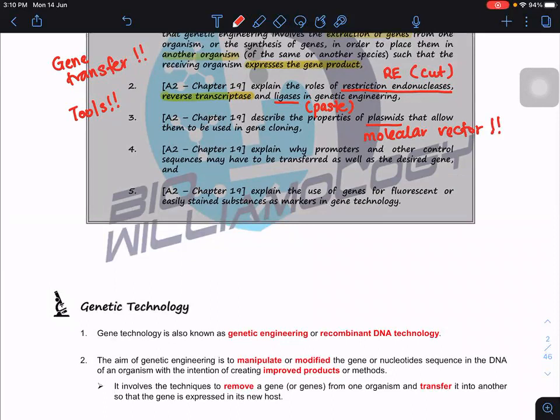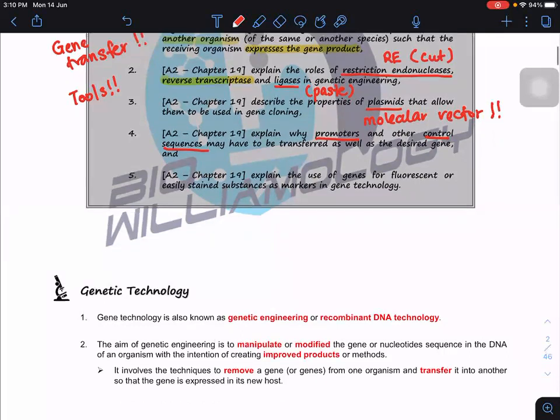We also need to know why we need to include a promoter and some other control sequences that we add in, so that the bacteria or the cells can help us produce insulin. And last, we need to know whether the bacteria have successfully taken it in. So we look at genes for fluorescence or easily stained substances as markers.